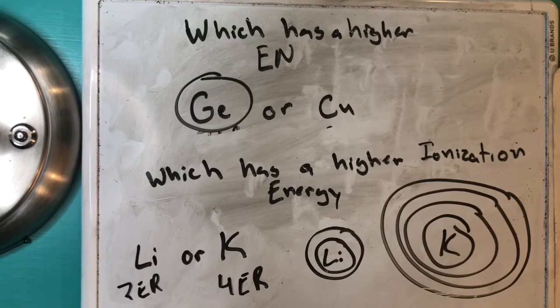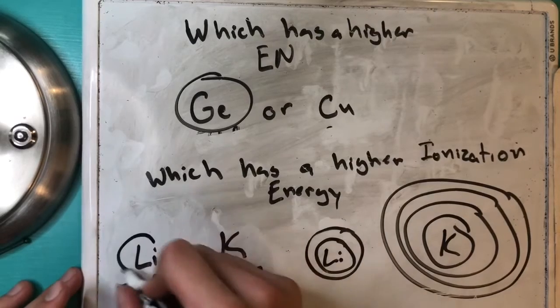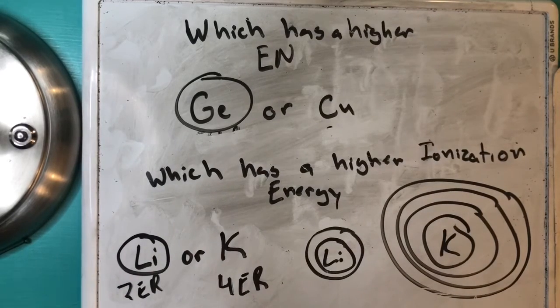Because of the electron rings, obviously potassium is way bigger than lithium. It has a way bigger electron cloud. So the answer to this question is lithium, and I'll explain why, because it's kind of hard to explain.